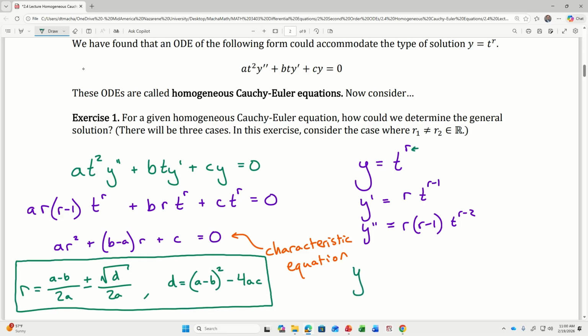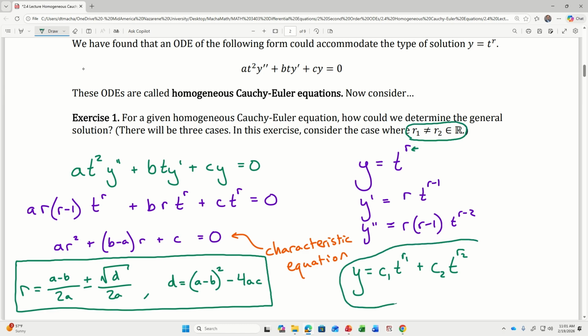I'm going to have a general solution that looks like some constant times t raised to the power r1 plus some constant times t raised to the power r2. Because this, again, with the plus or minus, is telling me about two different r values. One that gets the positive sign and one that gets the negative sign. And if my values of r are distinct from each other and they are both real numbers, then that's my solution.